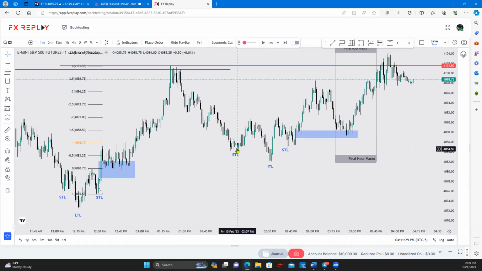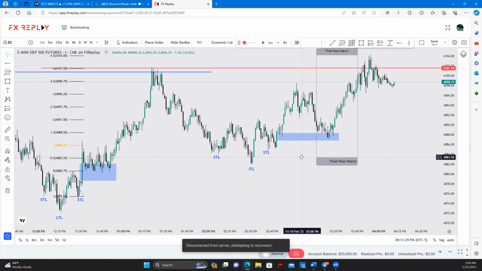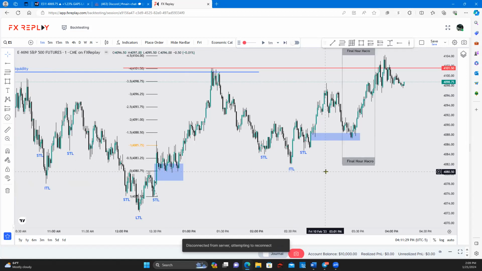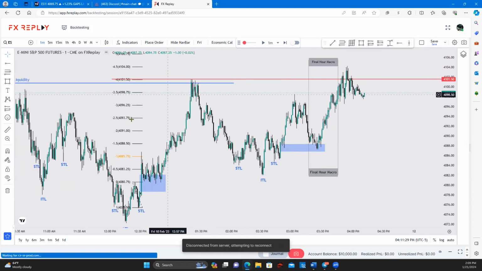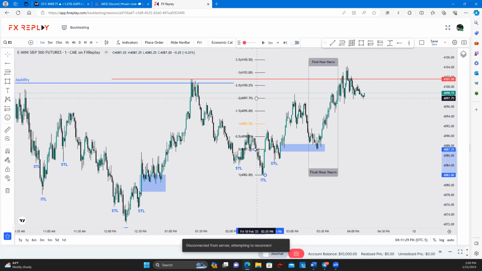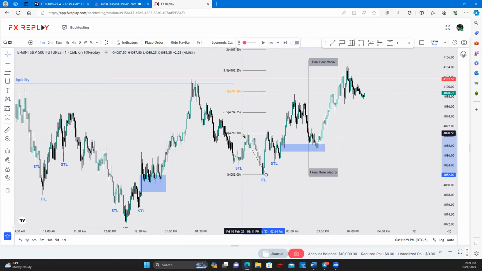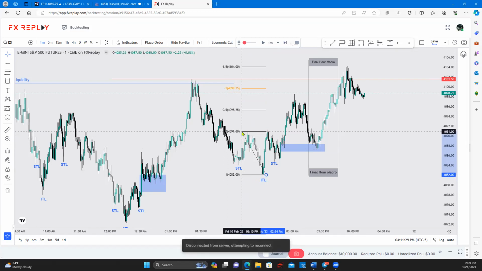Now, same thing over here. We have short term, intermediate term, short term. Well, we have our last hour macro in here. So if we take this over here, again, we're going to take this low, the intermediate term low, to this swing high here, right?